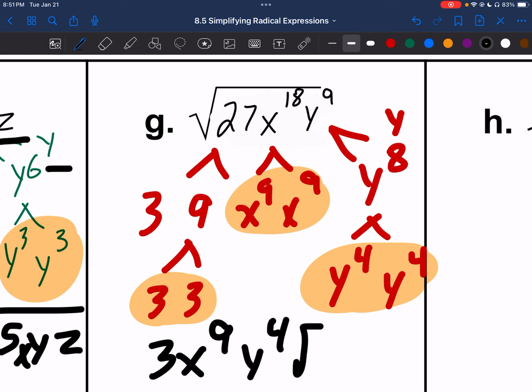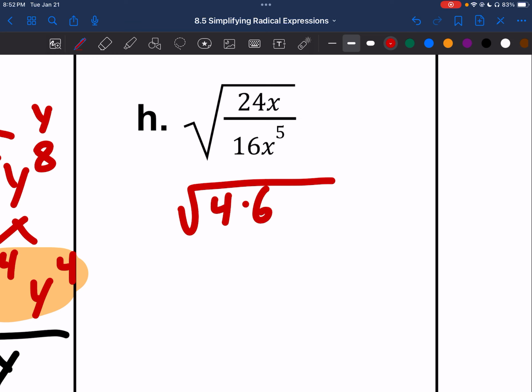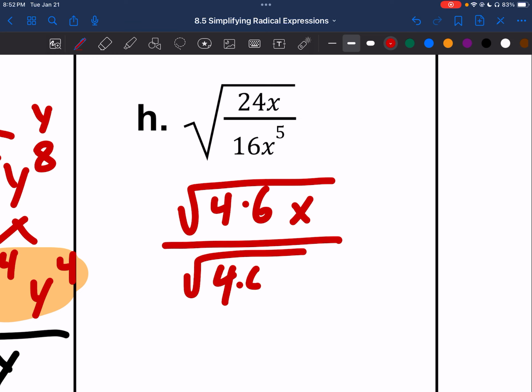All right, letter H. We're going to simplify. We have to break apart those fractions. So we have 24 is 4 times 6, and then we've got an x. And then in the denominator, we have the square root of 16 is 4 times 4.